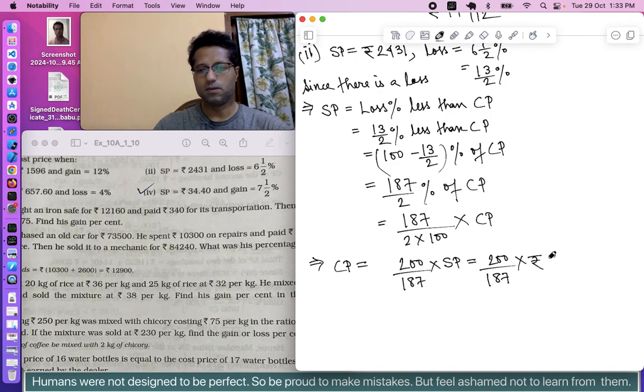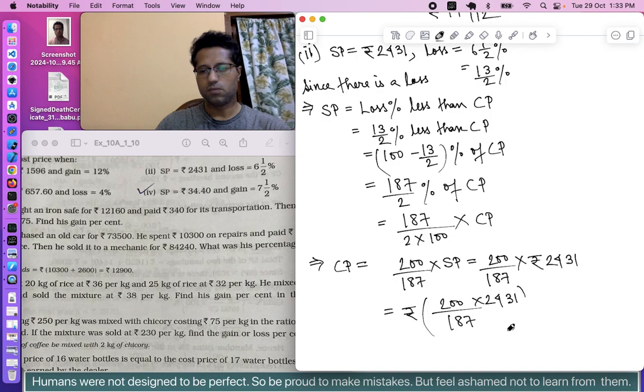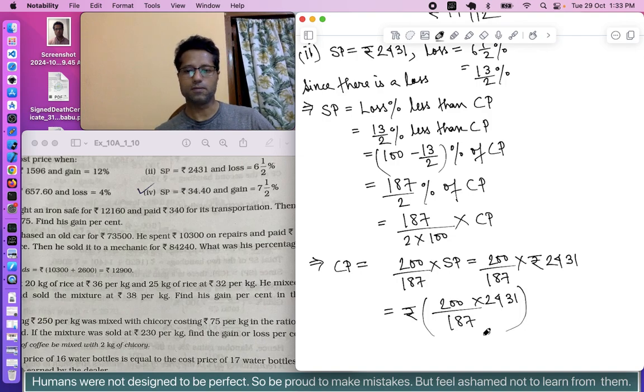SP is given to be 2431. So this is equal to rupees, we have to simplify, 200 divided by 187 multiplied by 2431.